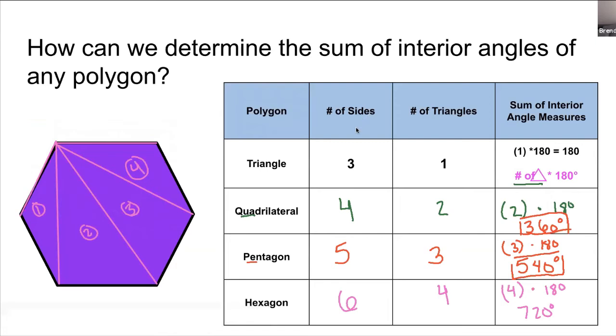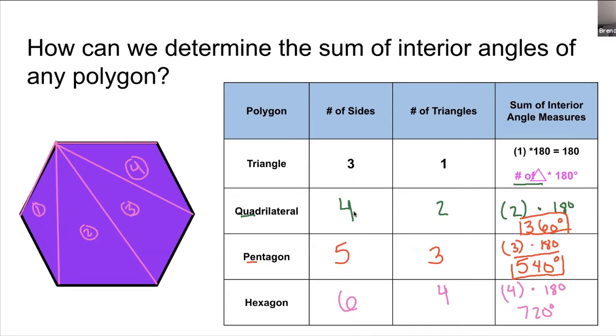I have a number of sides, right? For every side that I have, there appear to be two fewer triangles. For example, my first number of sides was 3. Notice that I had 1 triangle, so it appears to be 2 less.